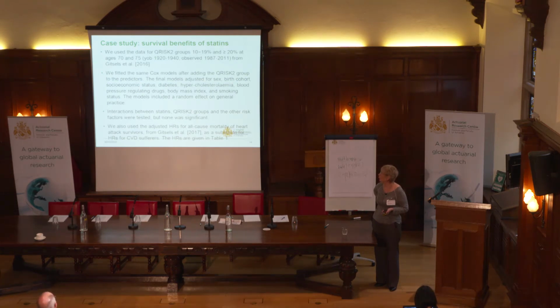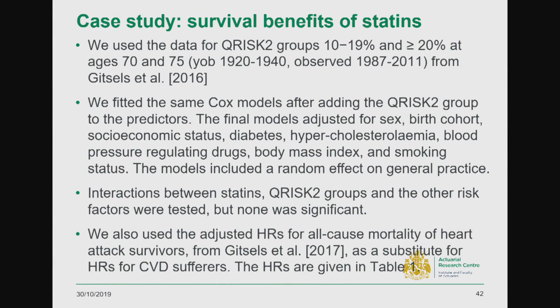And also we put in an effect for general practice because we wanted to remember that patients from the same GP practice were more similar than people from different GP practices. So we checked for interactions, but we didn't find any interactions in this model.